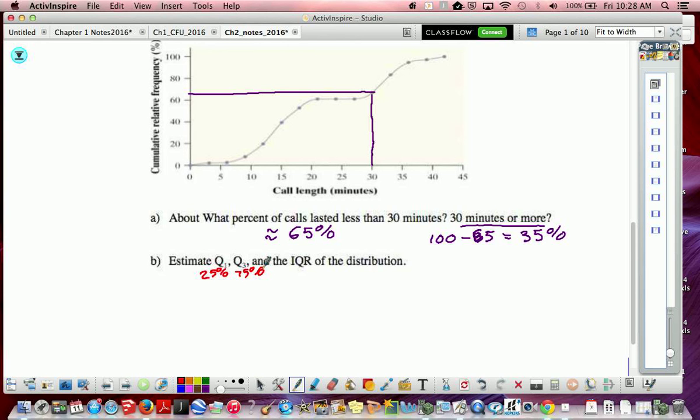So I'm going to estimate 25. So here's 25. Do the best I can, going straight across, going straight down. Oh, I don't know if I went perfectly straight down. So Q1, I'll tell you right now, I'd say it's somewhere either 12 or 13. Let's just pick one and say about 13.